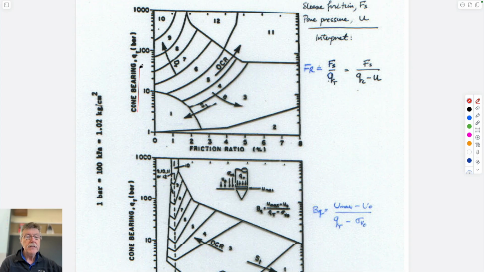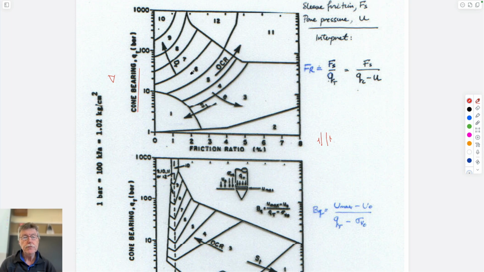The cone bearing is the tip resistance. The friction ratio is the sleeve friction. And so if you measure these magnitudes next to boreholes where you've actually sampled them and classified them as clays or silts or sands or gravels, then you might be able to figure out exactly what magnitude of friction ratio and end bearing was indicative of a particular type of soil. And that's exactly what this is.